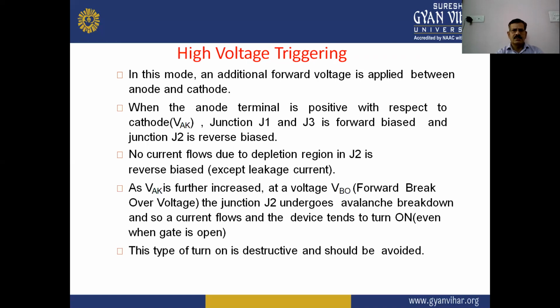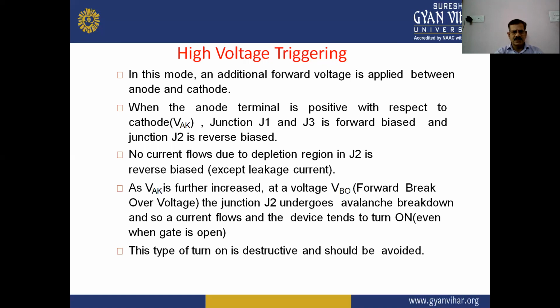Next one is the high voltage triggering method. In this method, an additional forward voltage is applied between anode and cathode. When the anode terminal is positive with respect to the cathode, junctions J1 and J3 are forward biased and junction J2 is reverse biased. In that case, no current flows except leakage current, due to the reverse biased depletion region in J2.